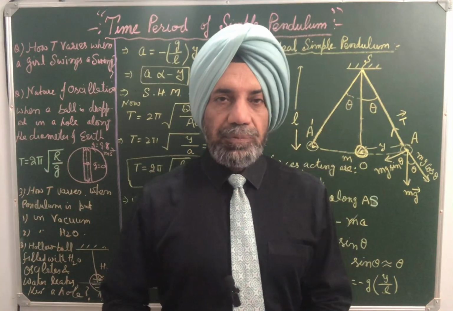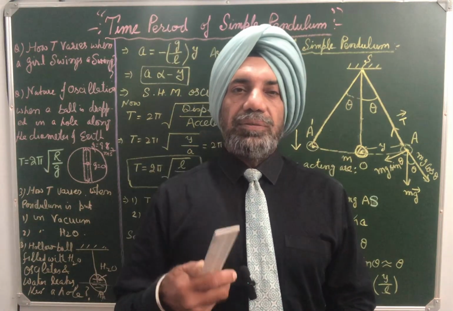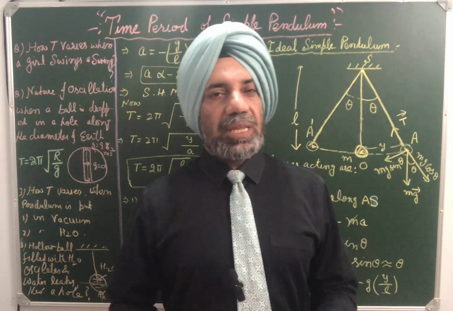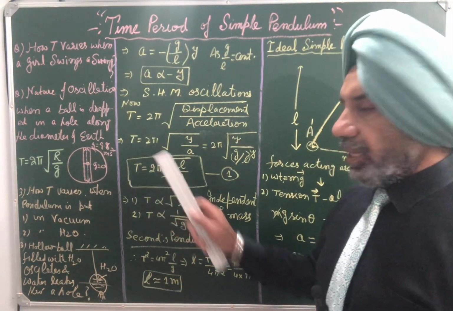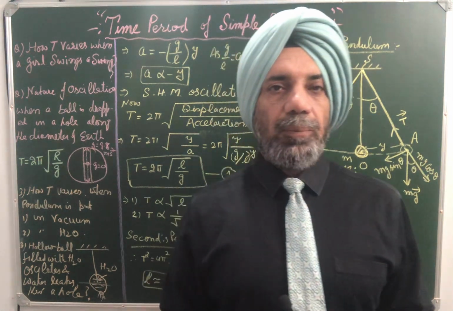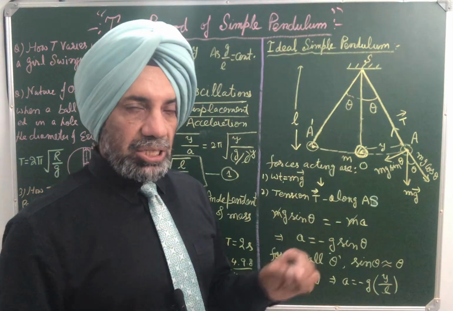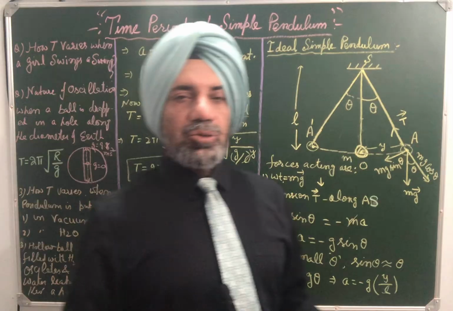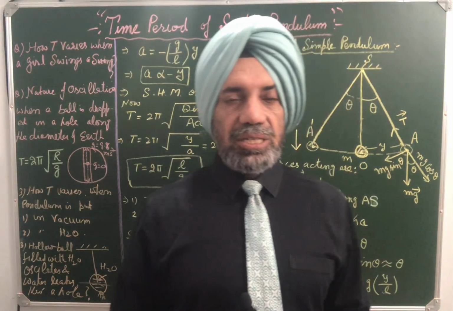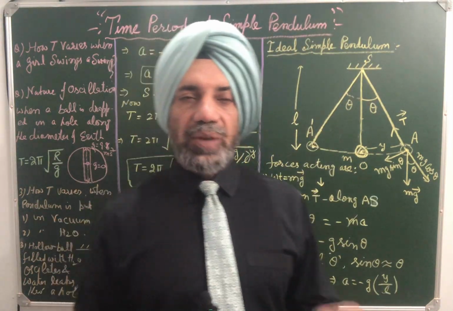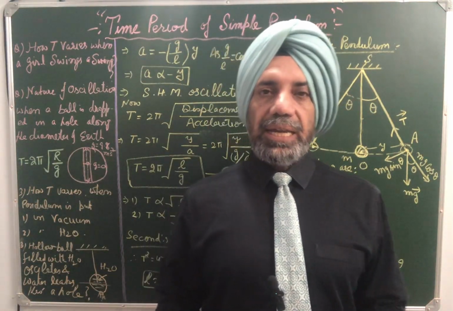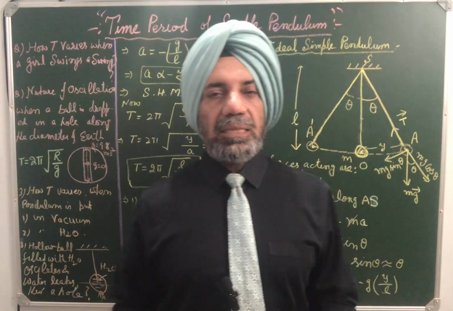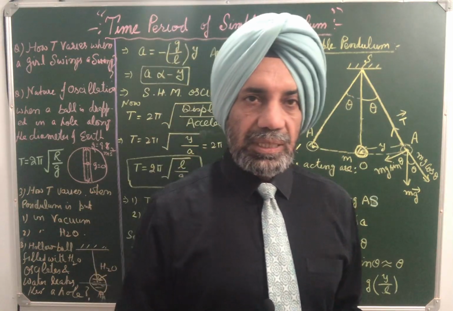As a result, the length of the swing decreases. As length decreases, time period will decrease. It means oscillation will become fast. So time period will decrease because length will decrease.